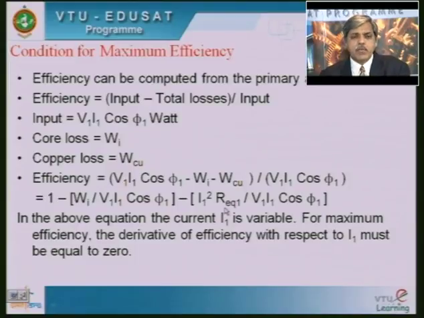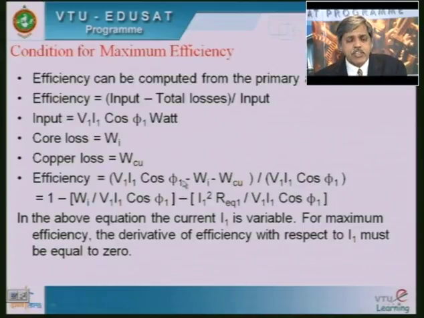That equation is not necessary from our subject point of view, therefore you can simply remember that WCU, when measured from the primary side, is given by I1 square R equivalent 1. That means to get this equation, each term of the numerator is divided by the denominator term.